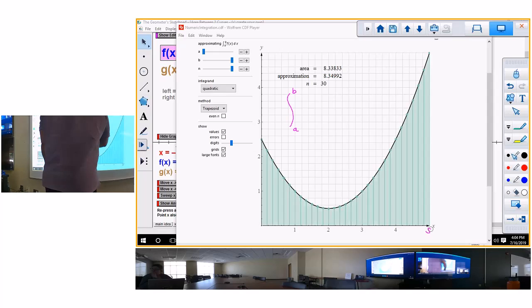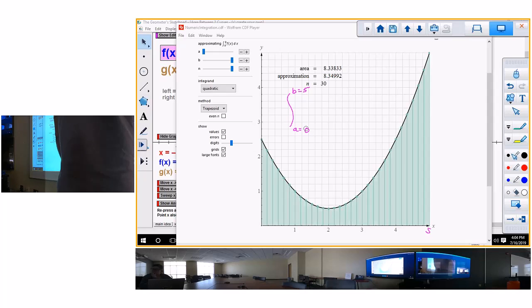So 5 would be B and A would be 0. X squared is the function. Now, I would like to use this one, but I'd have to find the vertex.